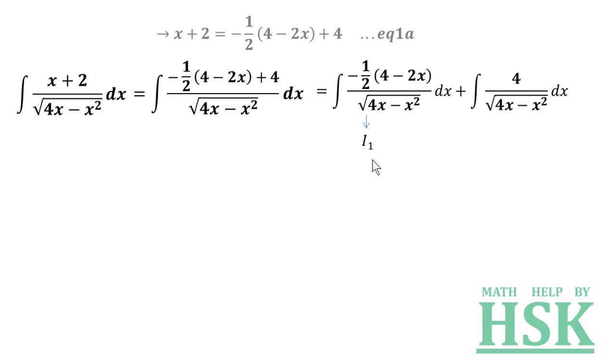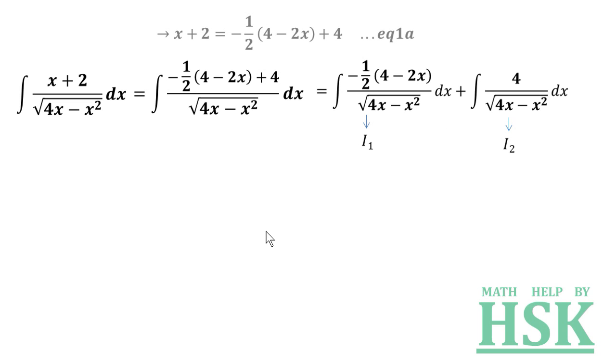I'm going to mark them with I1 and I2. This is done because both the integrals are going to be solved by different methods and the substitution would be different. If I could have solved them by a direct method, I would not have named them I1 and I2, right?